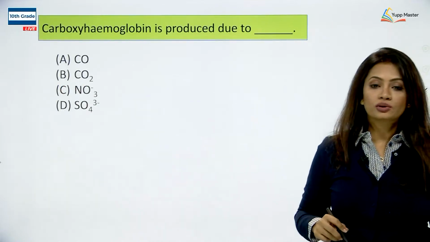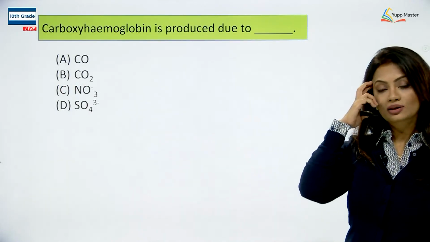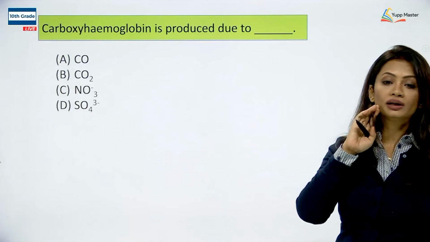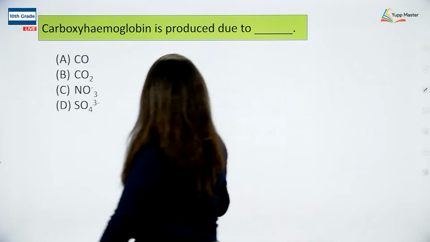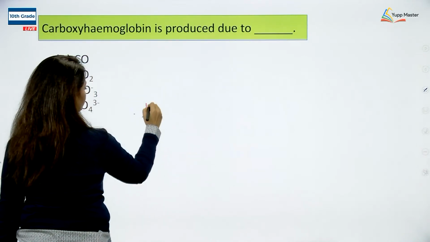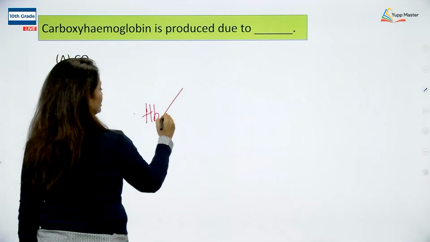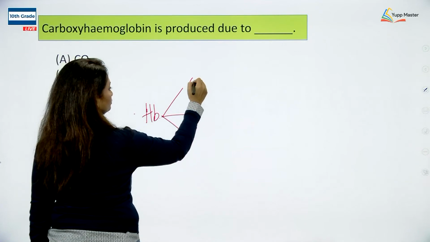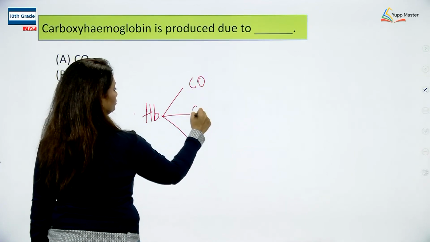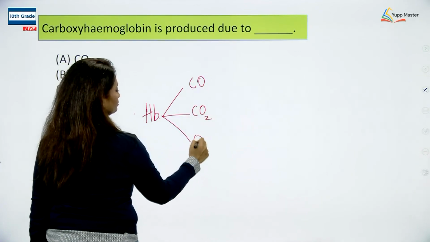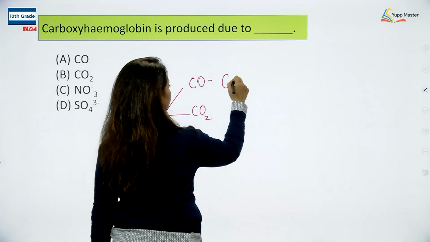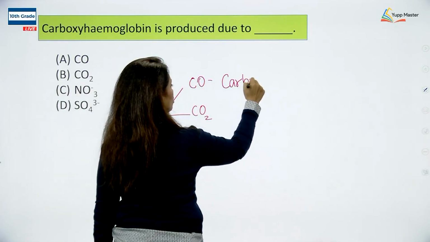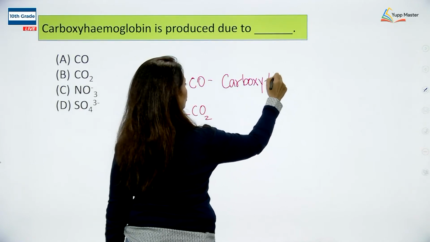Carboxyhemoglobin is produced due to, why is carboxyhemoglobin produced? When hemoglobin is combining with which one of those? Do you remember those? When we talk about hemoglobin, I said that it combines with carbon monoxide, carbon dioxide and oxygen. With carbon monoxide, it forms carboxyhemoglobin.